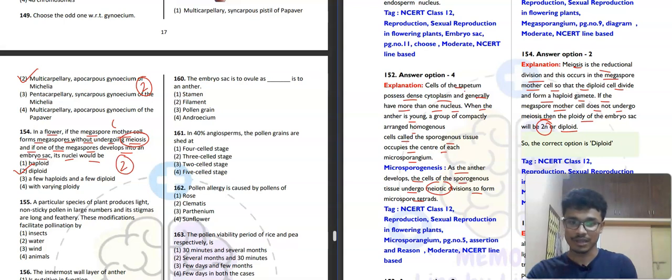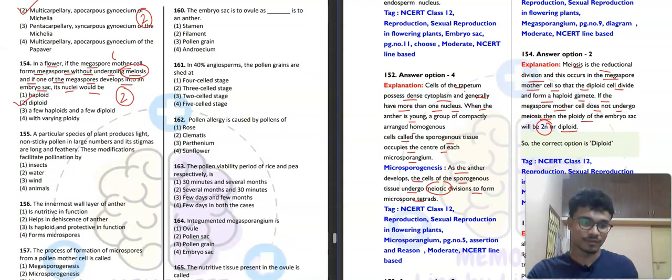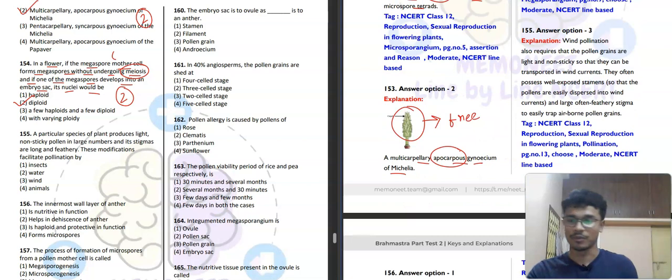Now moving towards the next question, 155. It is saying that a particular species of plant produces light, non-sticky pollen in large numbers and its stigmas are long and feathery. This modification facilitates pollination by insect, water, wind or animals. So you can see that these are large in number, non-sticky pollen and its stigmas are long and feathery. So this is influenced by wind pollination.